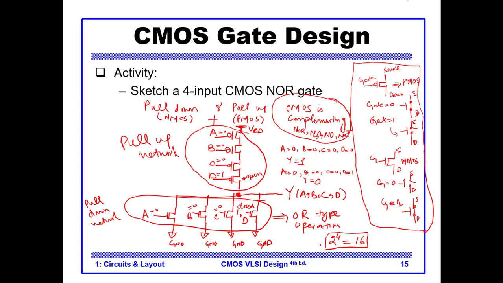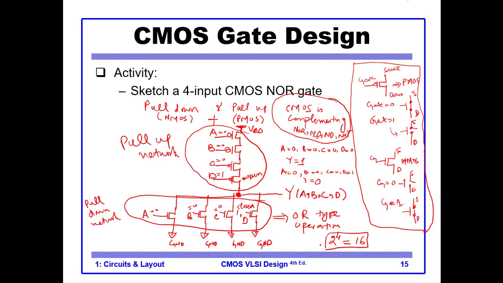So things to remember. We use pull down network, which consists of NMOS gates, and we use pull up networks, which consist of PMOS gates. It is called pull up because it is connected to VDD, and it is called pull down because it is connected to ground.